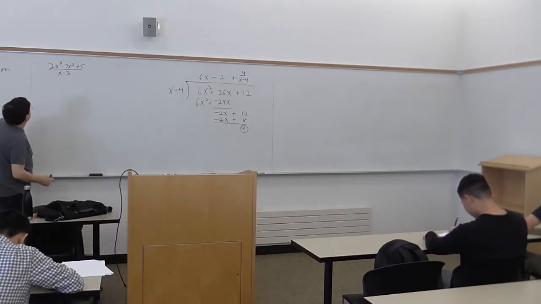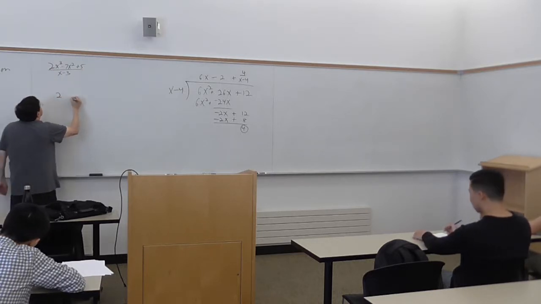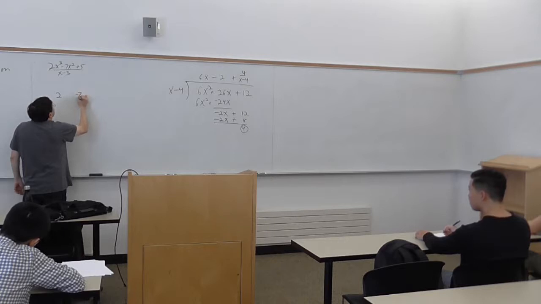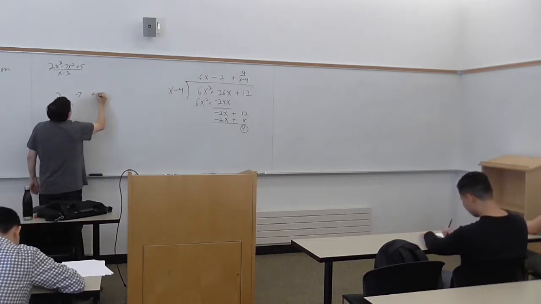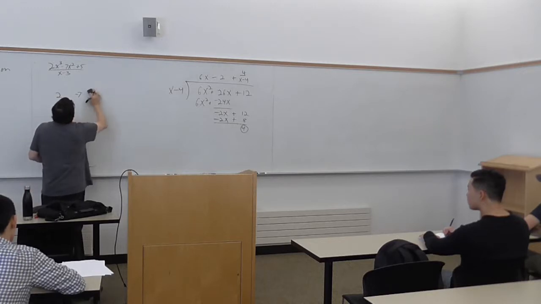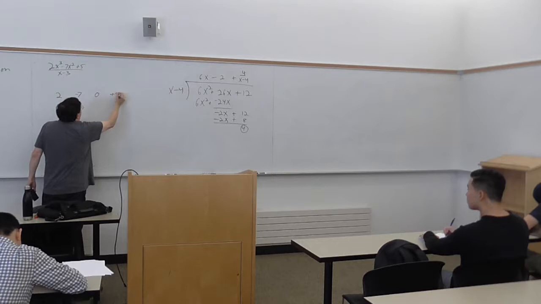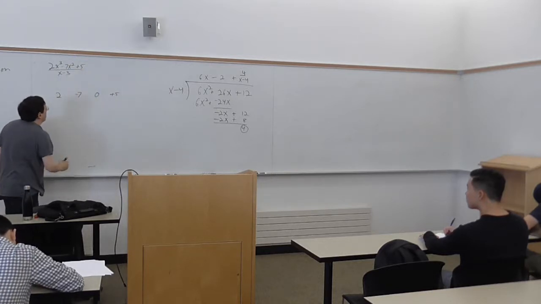So how we set this up is first we write down the coefficients. 2, minus 7. Oh, wait. I'm missing something here. 0, plus 5, right? I'm missing something.